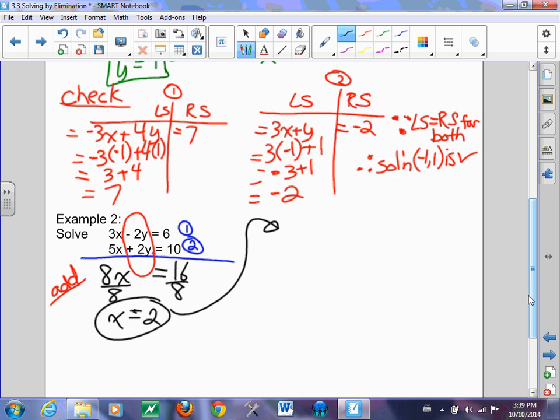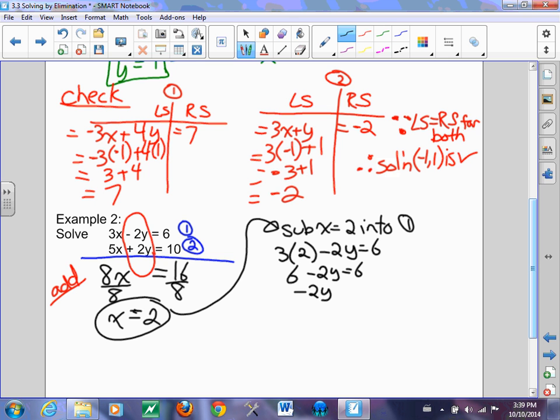Okay? So now we do the second part. Sub x equals 2 into whatever equation you choose. I'm going to choose the first one because it looks like smaller numbers. So 3 times 2 minus 2y equals 6. 6 minus 2y equals 6. So negative 2y equals 6 minus 6. If you take 6 and subtract 6, you're left with 0.